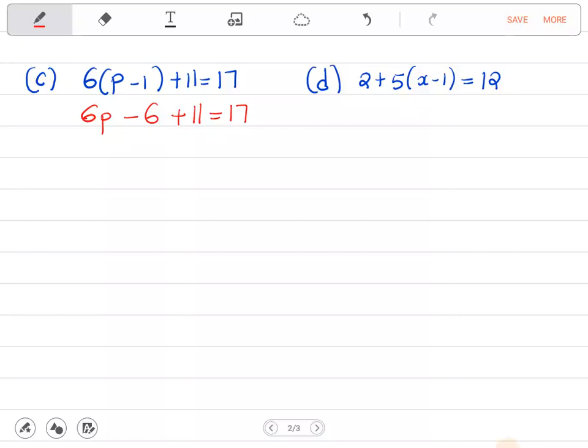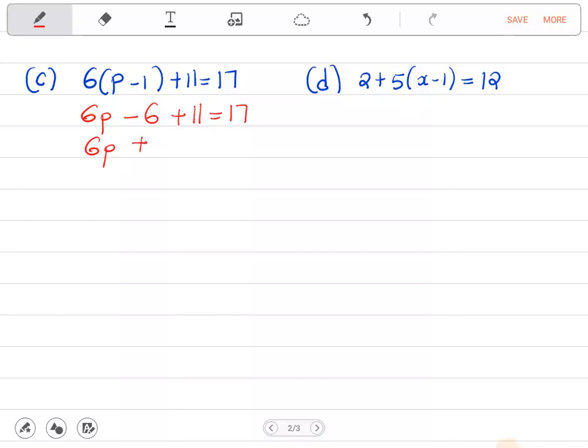Are we together? Then we have 6p, which is not being connected with anything because there's no other p there. But these two can subtract, right? And the final answer always gets the sign from the bigger number between the two numbers that we're trying to subtract or add. So this one, 11 is bigger than 6.